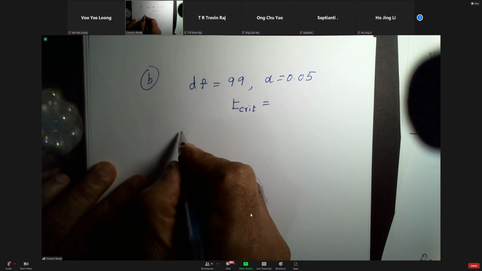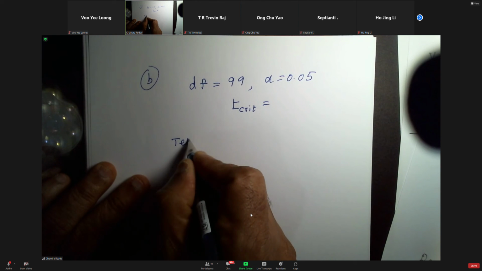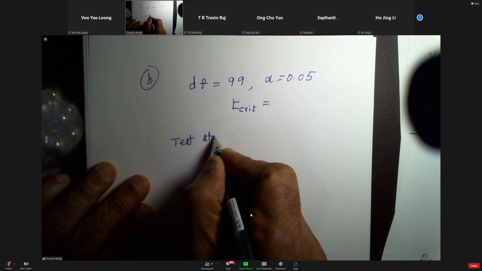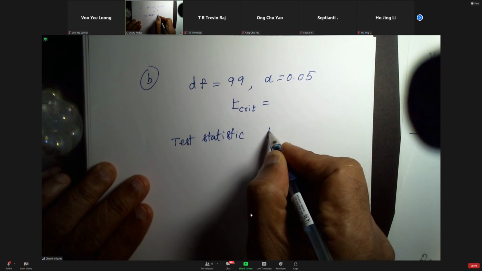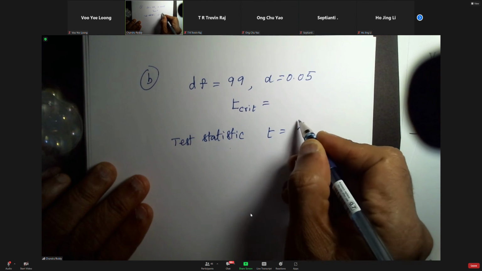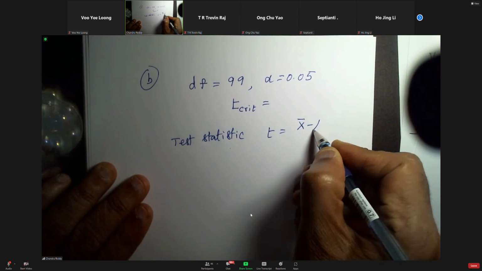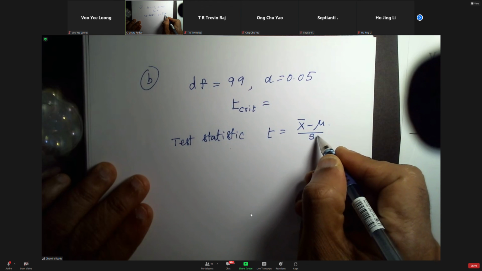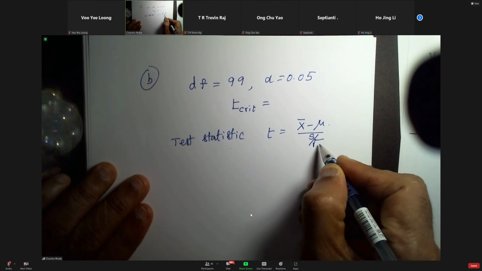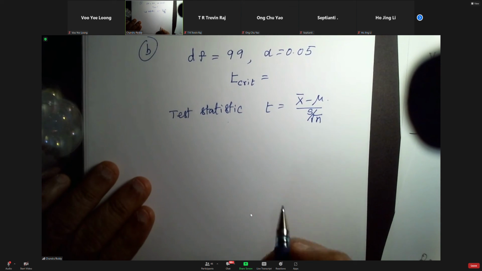Then the calculated test statistic value. The t value will be x bar minus mu over sample standard deviation over square root of n, the sample size.